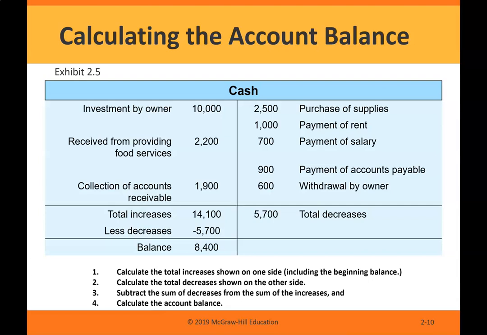Credits: $2,500, $1,000, $700, $900, $600. Total credits, $5,700. Subtract credits from debits equals a debit balance of $8,400.